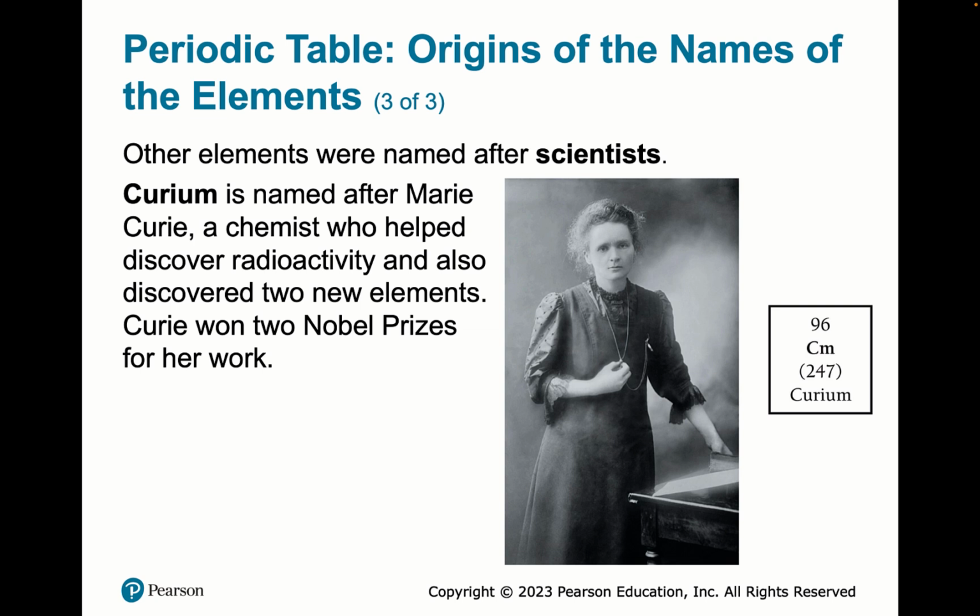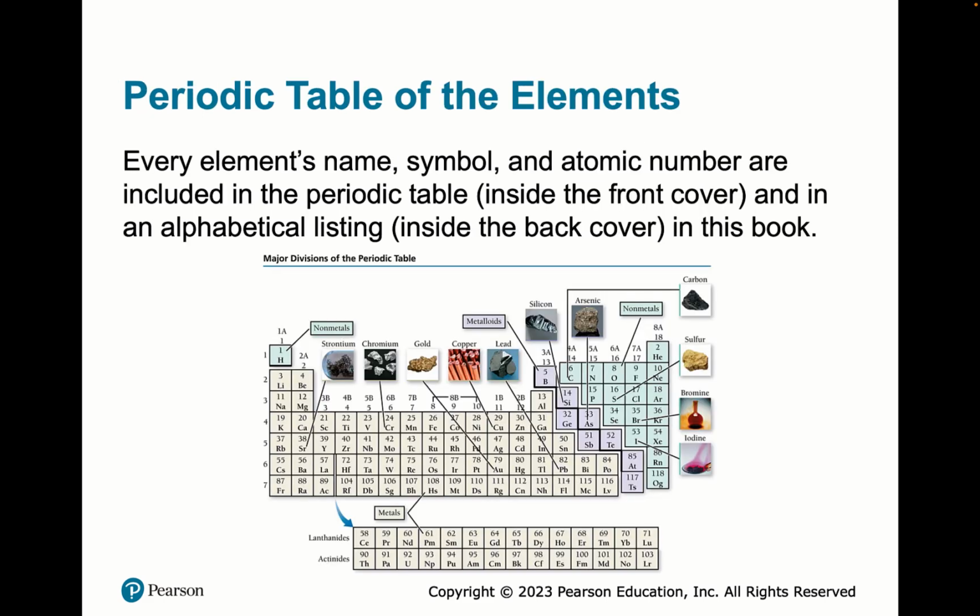Her daughter also won a Nobel Prize, so Curie is just an amazing powerhouse of a scientist, an amazing person. So let's go talk about the periodic table, and you can see that some periodic tables, including in this textbook, have the names of that.